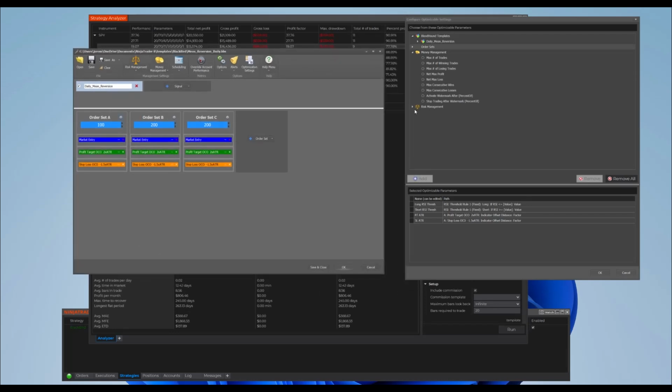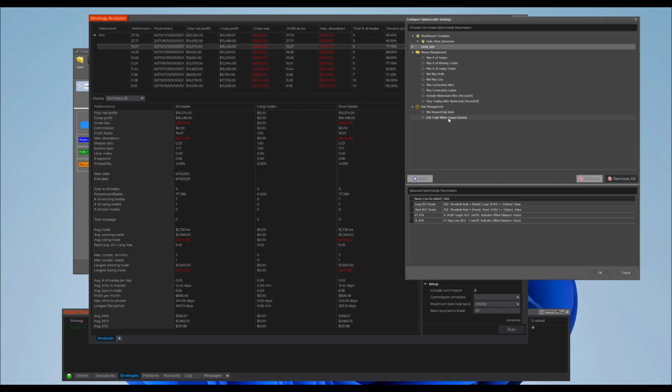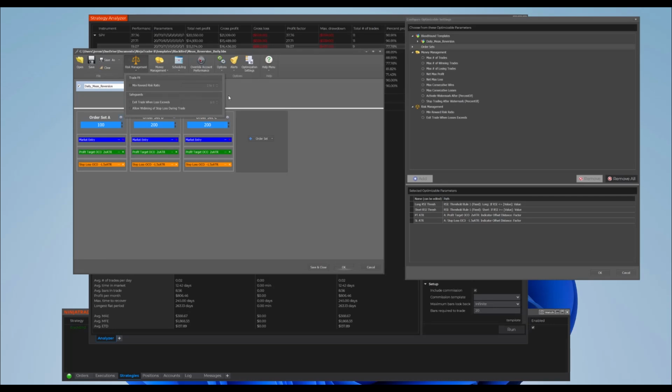So the other one is the risk management, and here we have the min risk reward ratio, and we can also play with this number here, when to exit when the trade losses exceed a certain amount. Again, keep in mind, because these are intraday settings, the backtester does sort of an approximation, right?